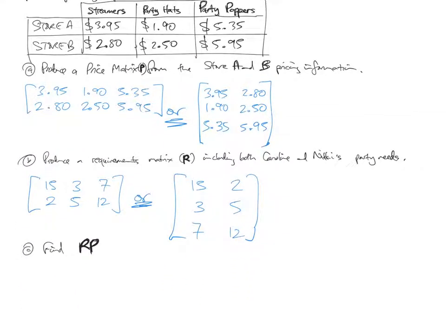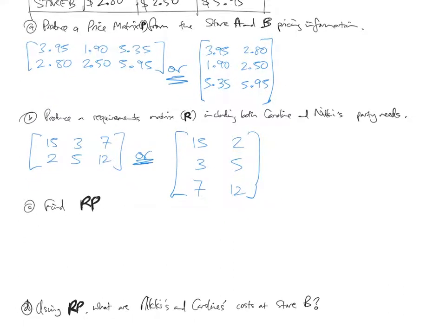Now we need to find what R times P is. In previous videos, we have said matrices can only be multiplied in particular circumstances: the number of columns in the first has to be equivalent to the number of rows in the second. The order of the price matrix, the horizontal one, is 2 by 3.